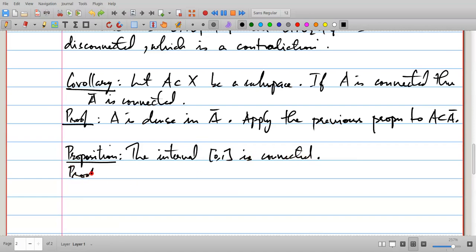So, proof. Let us assume, we will prove this by contradiction, that [0,1] is disconnected.